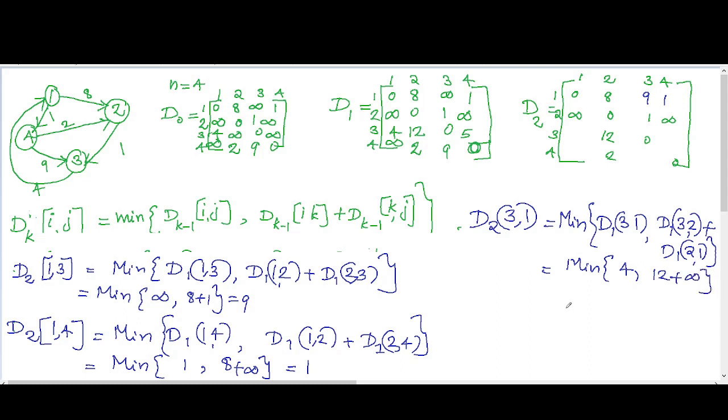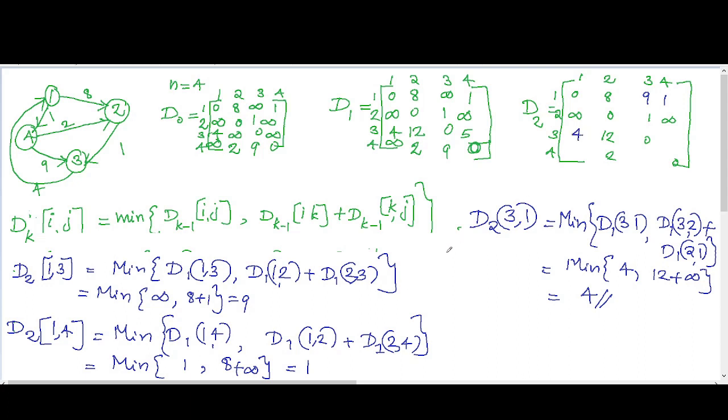Okay. So that is equal to 4. Actually, what is the value of D1 of 3, 1? That you can find from this matrix. D1 of 3, 1 here, 3, 1, that is 4, and D1 of 3, 2, that is 12, and D1 of 2, 1, that is infinity. Okay. So that is 4. So you can write a 4 in this position.